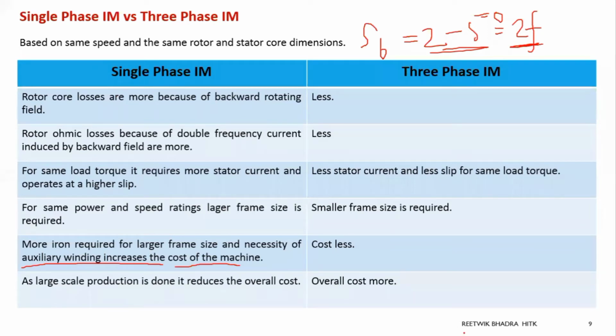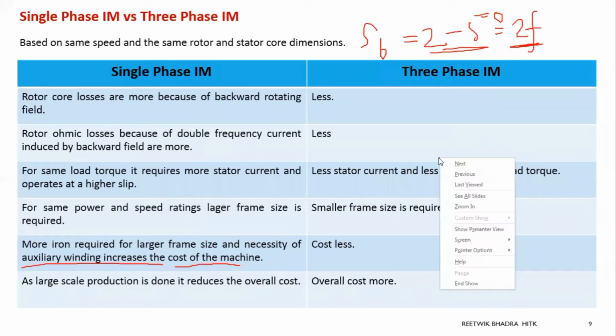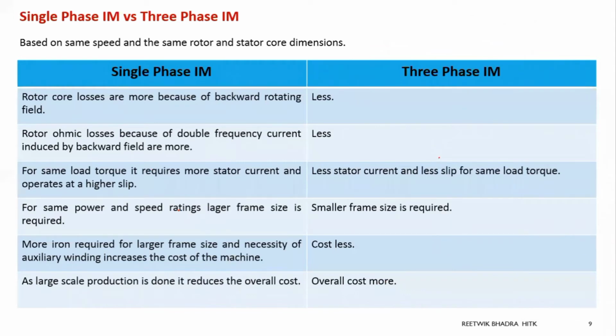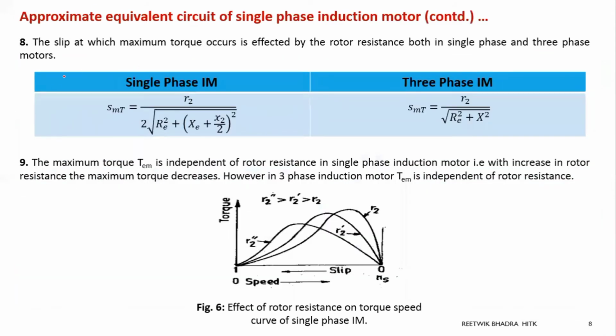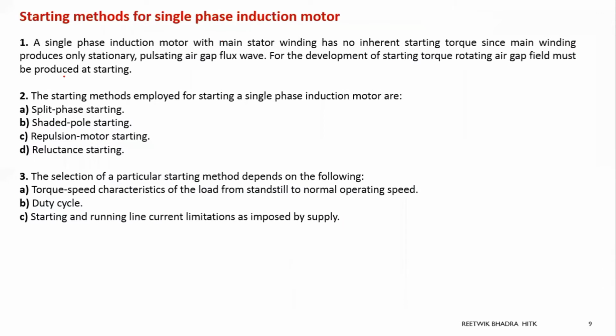If one three phase induction motor is produced, 10 single phase induction motors are produced. So because of that large scale production, its cost is somewhat reduced. So those are the points; we just go through them along with points 8 and 9. Next we will jump into the most important part of our single phase induction motor, that is the starting of single phase induction motor.